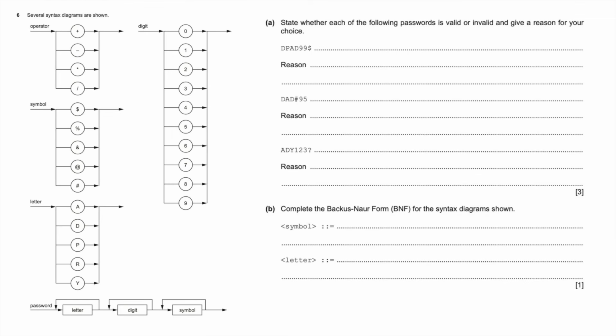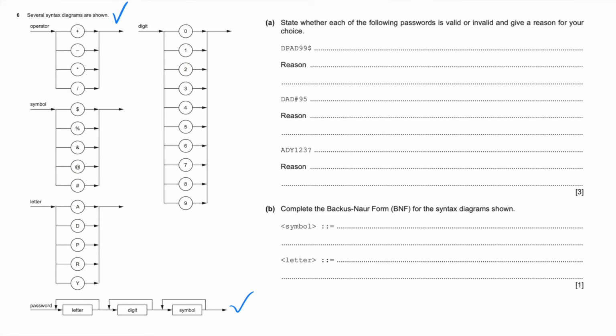Okay, so in order to get a better understanding of how BNF works in the context of the A-level exam, let's work through a practice problem. In this practice problem, we've got several syntax diagrams. Then we've also got another different type of diagram. It's not exactly a syntax diagram, but we'll get into that in a second.